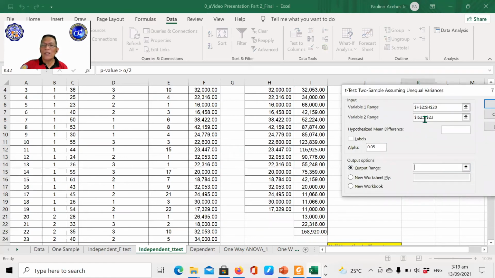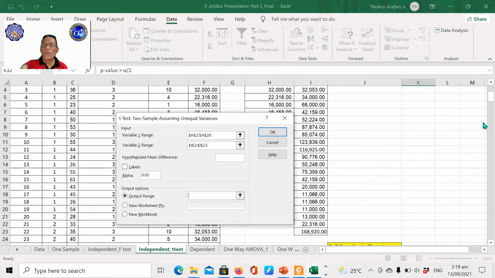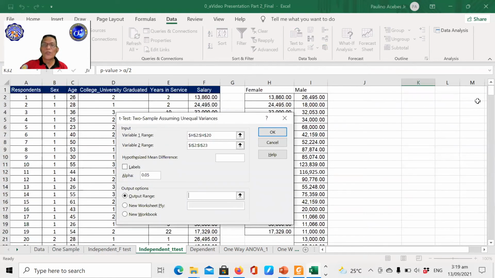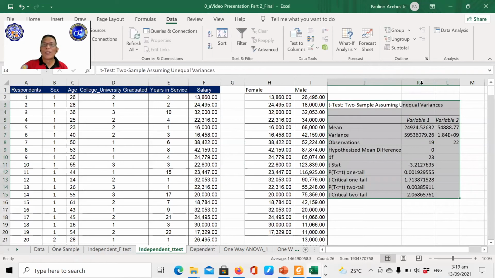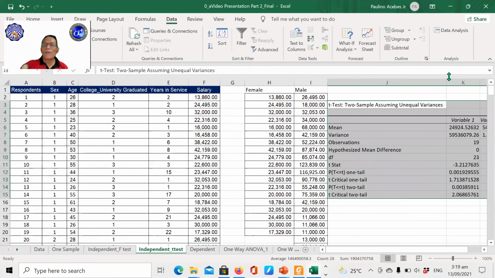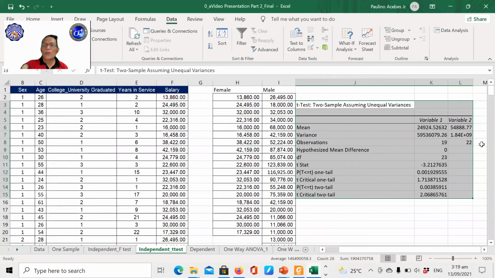the output range. Let's try to check where we are going to put the output range. So let's say we are going to put this together and then click. Okay, there you are. Let us try to interpret the data.